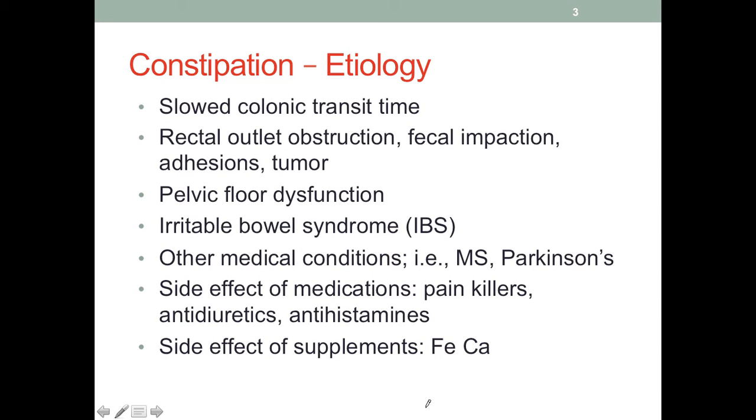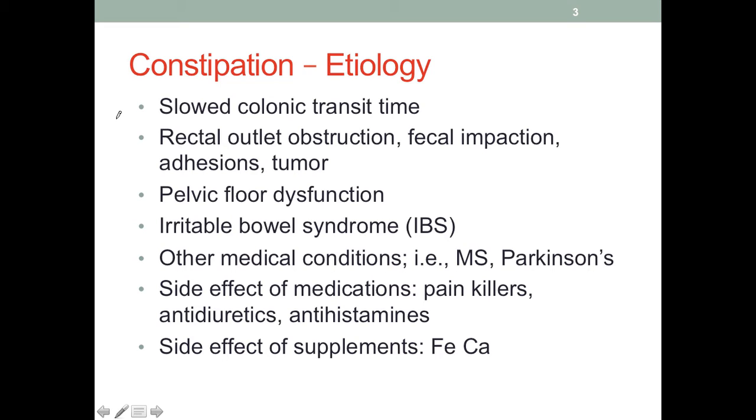The etiology of constipation is the opposite of diarrhea in many cases. The colonic transit time is decreased, and we know that in the case of diarrhea, it's increased. The colon pushes out the feces too frequently, but in constipation, this is the opposite. So slowed transit time.